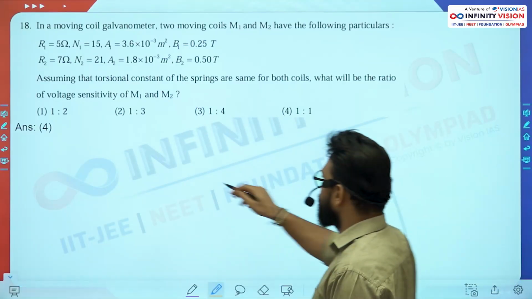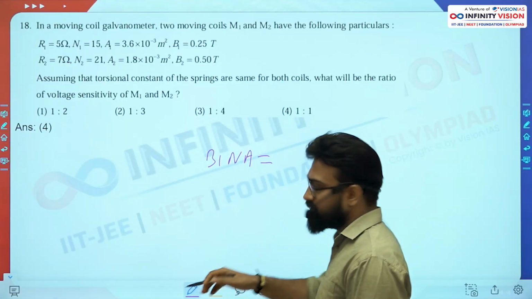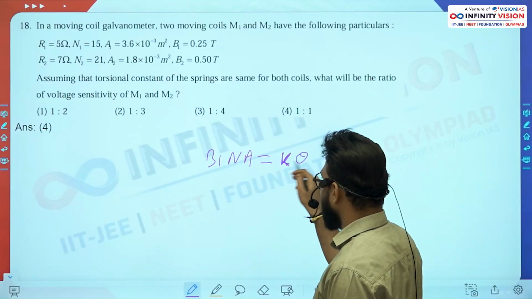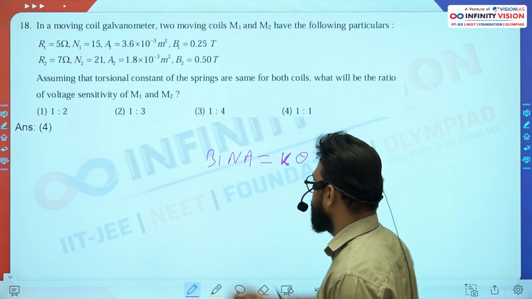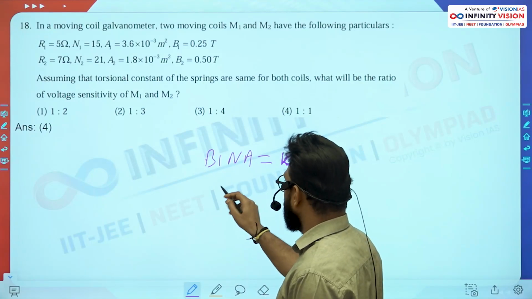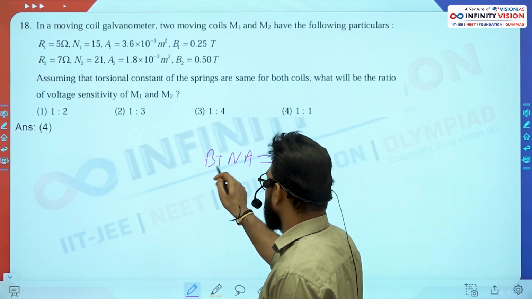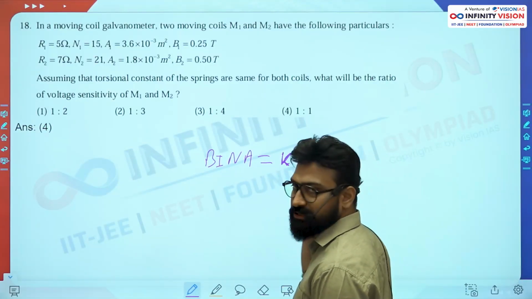We already know that torque is equivalent to K theta, where K is your torsion constant, theta is the angle through which the spring has rotated. And this is NIBA, where I is current, B is magnetic field, N is number of turns, and A is area.